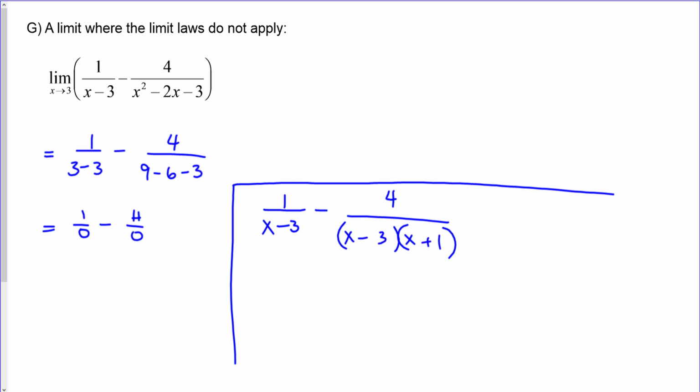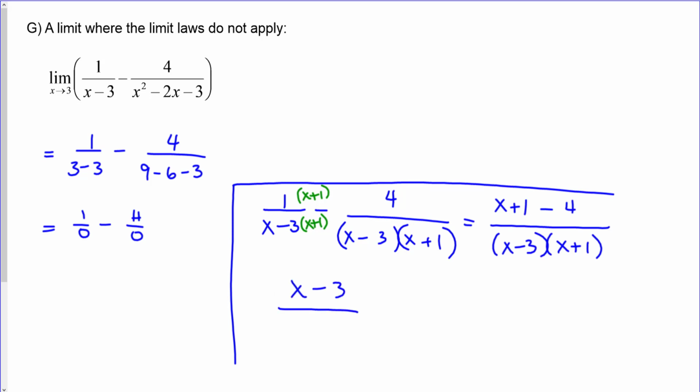All right, so what I need to do then is multiply this first fraction by x plus 1 over itself, so that I have x plus 1 minus 4 all over the common denominator of x minus 3 times x plus 1, which gives me x minus 3 over x minus 3 times x plus 1.